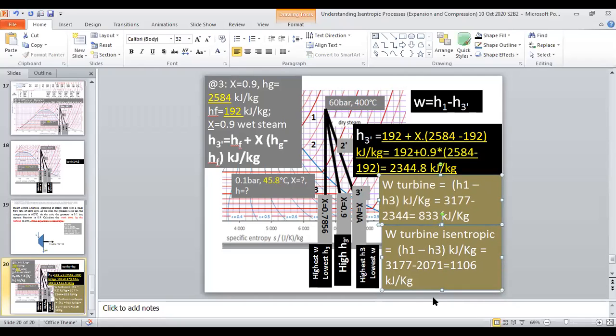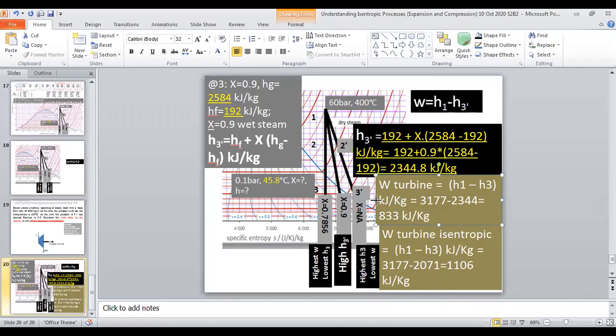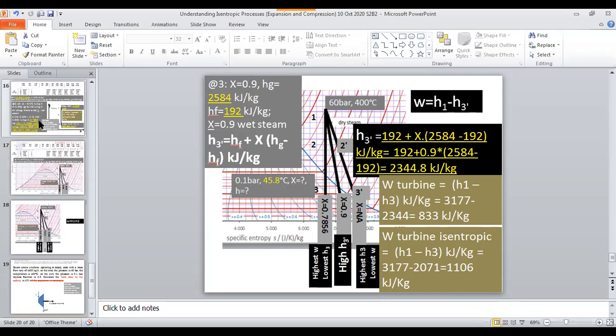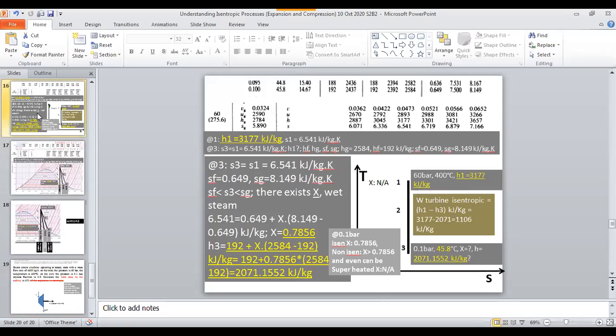So you can see 1106 when isentropic expansion, and 833 in what seems to be the actual case. So that's what you should see. In isentropic expansion, more work is delivered. Non-isentropic, less work delivered. So now you can go for the calculations, same like the previous one.